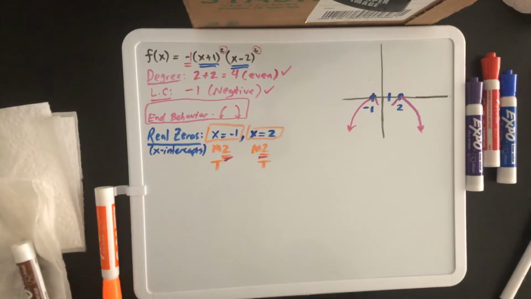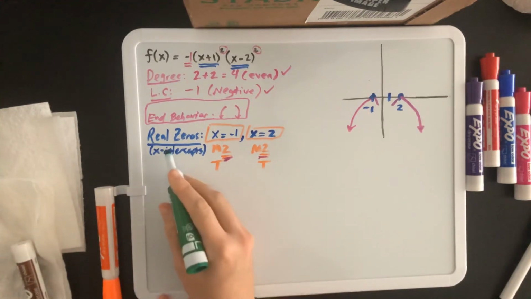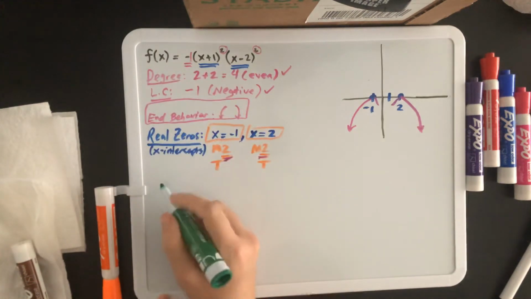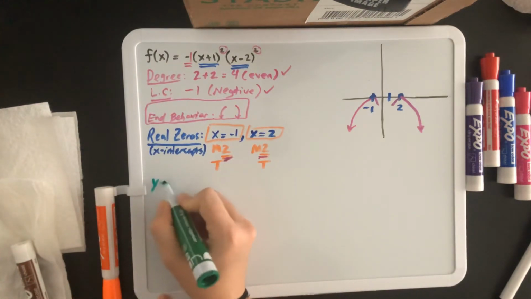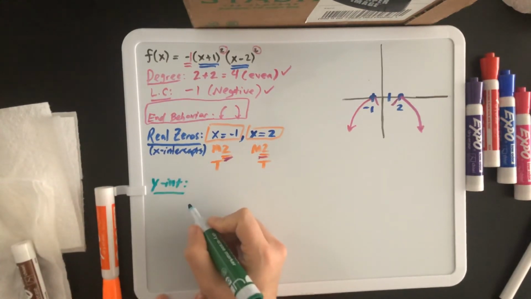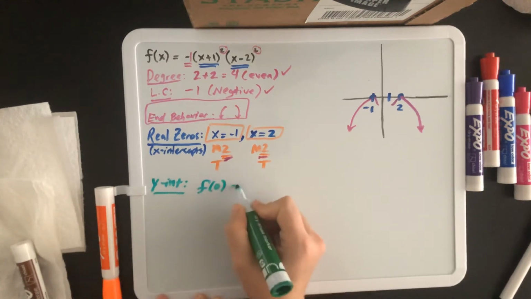So the only thing that I'm really missing now to finish a good sketch here is the y-intercept. So how do I find the y-intercept? Remember, for the x-intercept we let the output equal 0, which really meant each factor was 0. But in finding the y-intercept, we need to let x equal 0. And to let x equal 0 here is like f of 0, so let's work that out.